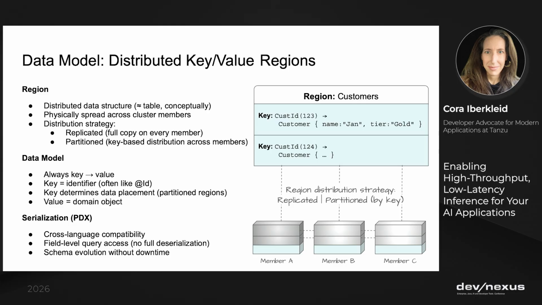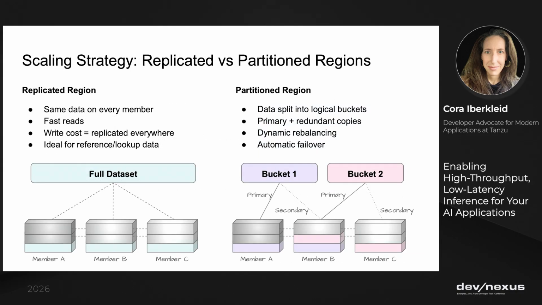Right, and it's so distributed. Here, the scaling. So when you put data, for example, here showing a 3-member cluster, in each case you can choose how your data is replicated. You can either have your data in what's called a replicated region, so all of your data will be on every member of the cluster.